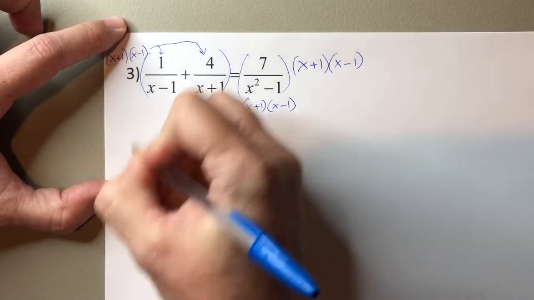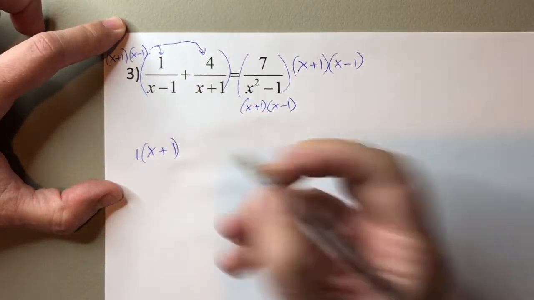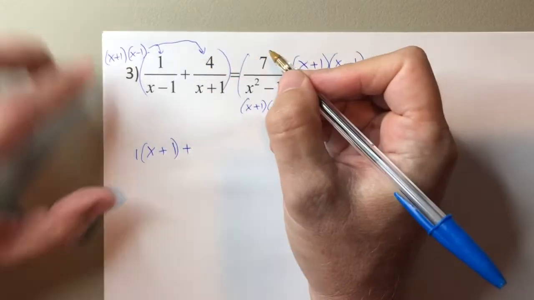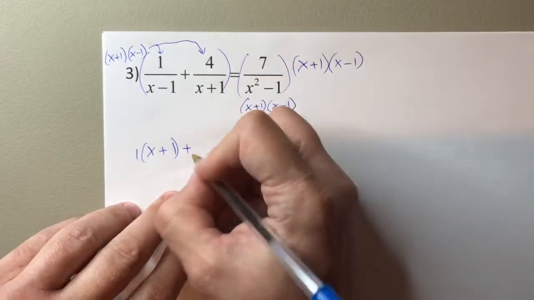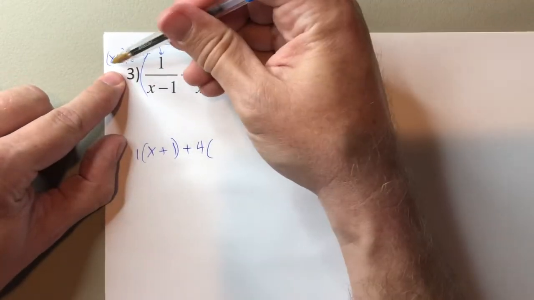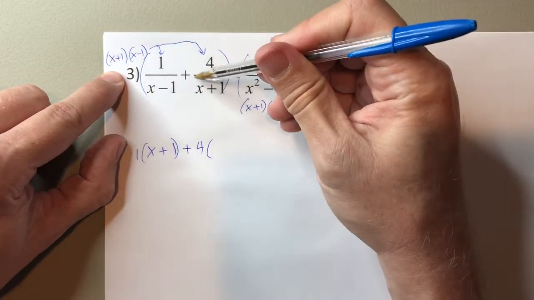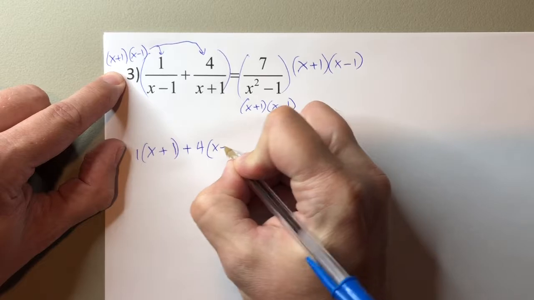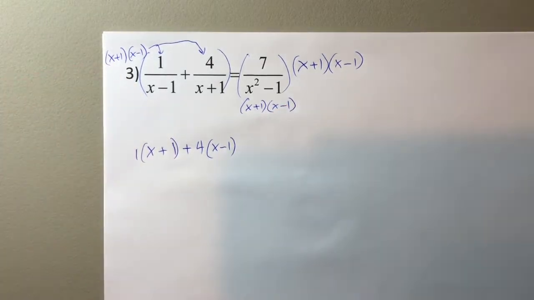Anyway, moving on to the second rational expression, right here. You have a 4 on top, and then what's being canceled out? Do you see? You have an x plus 1 over another x plus 1. So you're left with just x minus 1. So it's 4 times x minus 1.